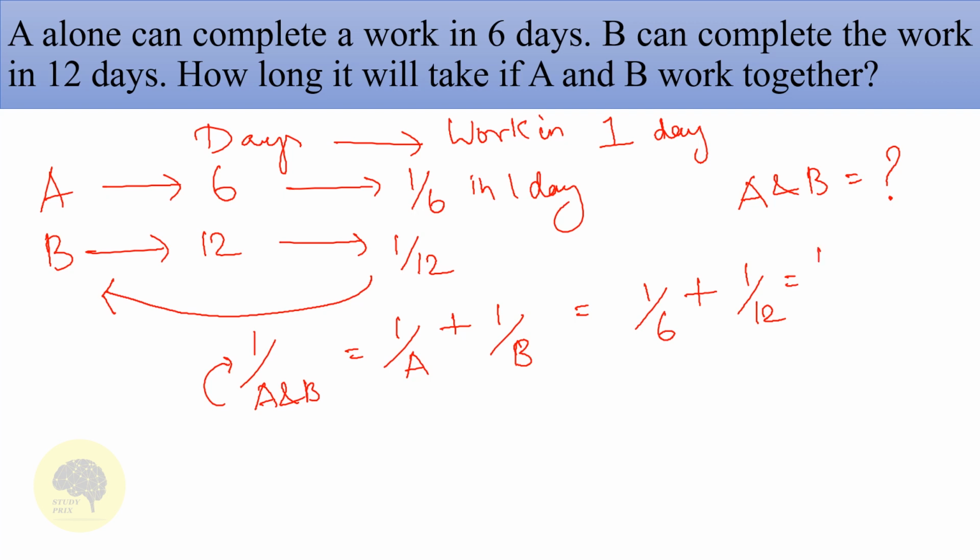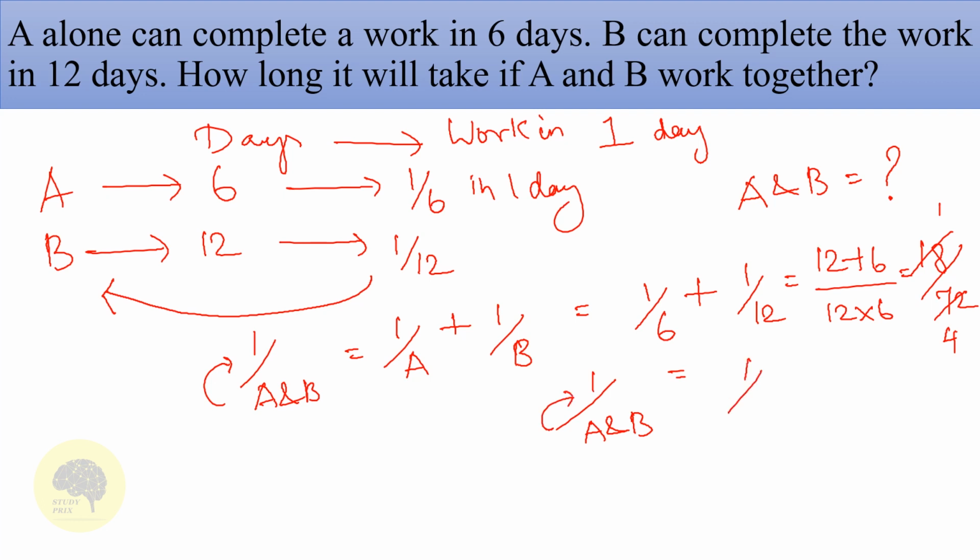Cross multiply this, 12 plus 6 by 12 cross 6, 18 by 72, crossing this, 1 by 4. Therefore, if A and B work together in 1 day, they can complete 1 by 4 amount of work. From this, we can say if A and B work together, they will complete the work in 4 days.